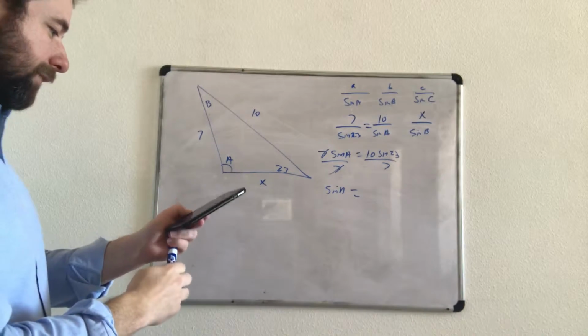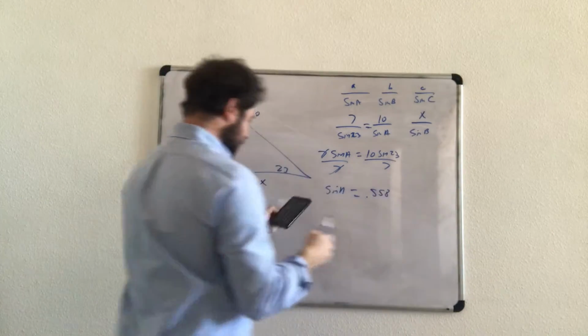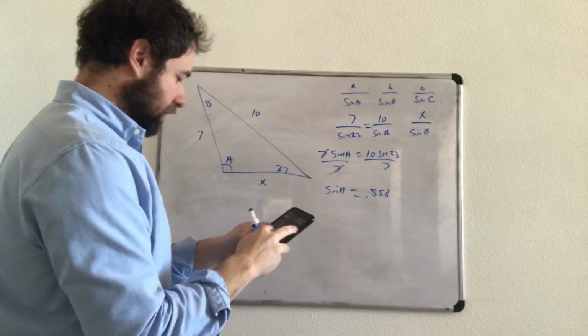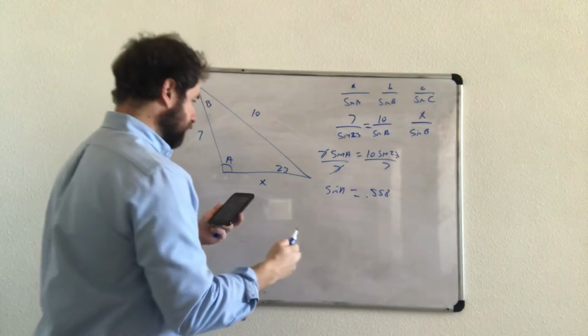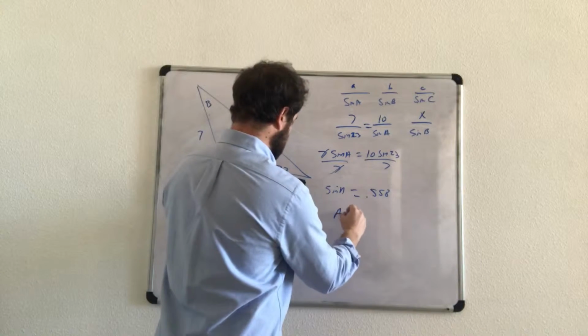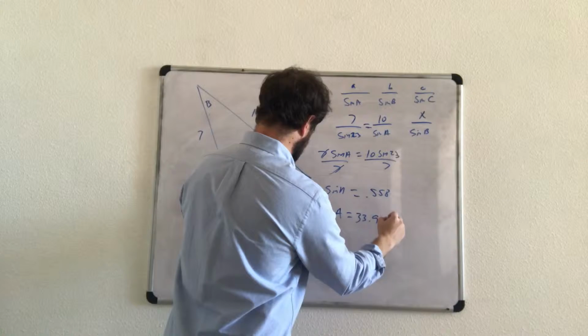We get 0.558. And when you go second function sine of 0.558, you get A equals 33.918.